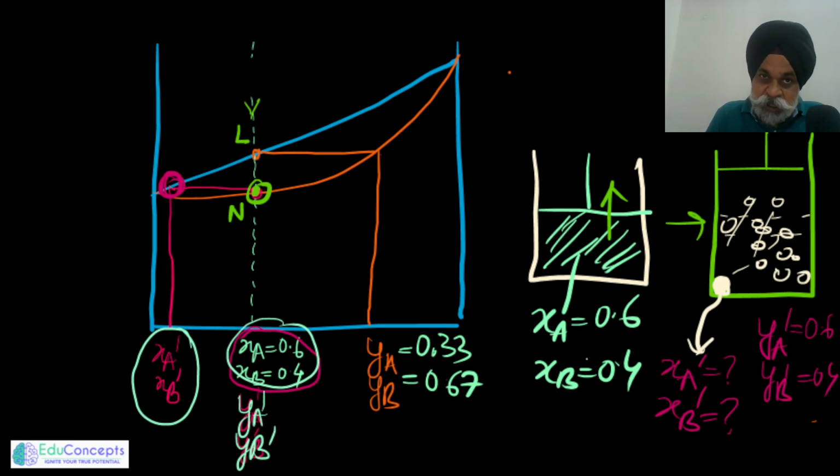By the time the last droplet of liquid is left, we want to find out its composition or its mole fraction in the liquid state. But at that point the vapor phase composition shall be nearly the same as the starting composition of A and B in the liquid state. This is the viewpoint which you always have to keep in mind.